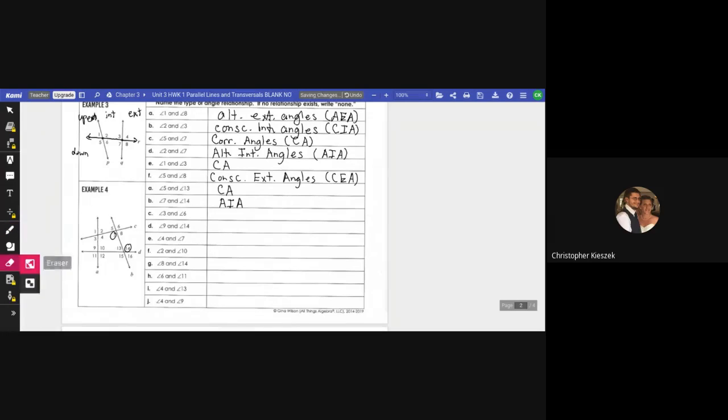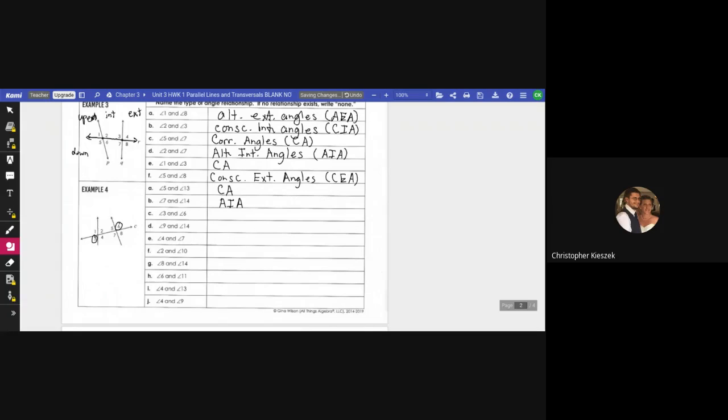All right, how about a different one here, 3 and 6. 3 and 6. All right. So if I look at my drawing here, that means the bottom doesn't exist here because 3 and 6 has nothing to do with the bottom line.